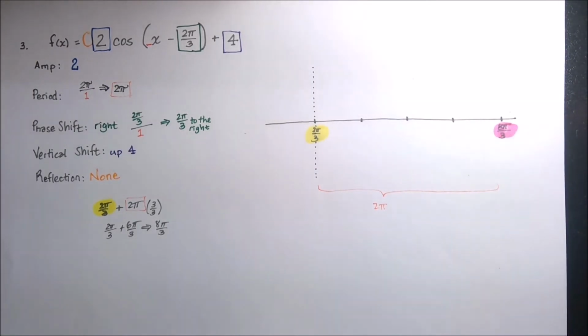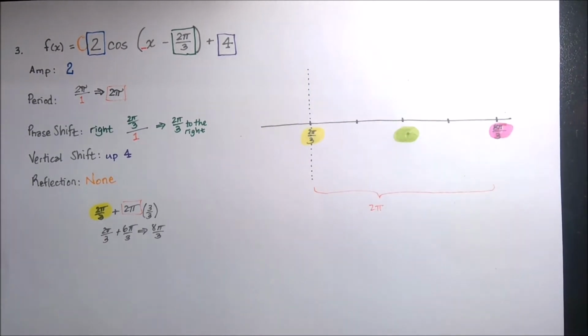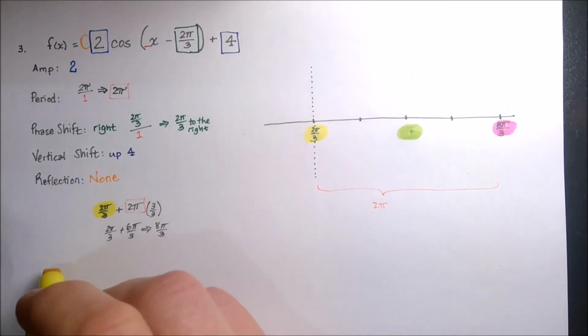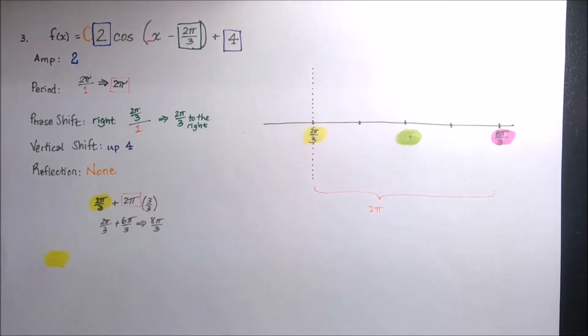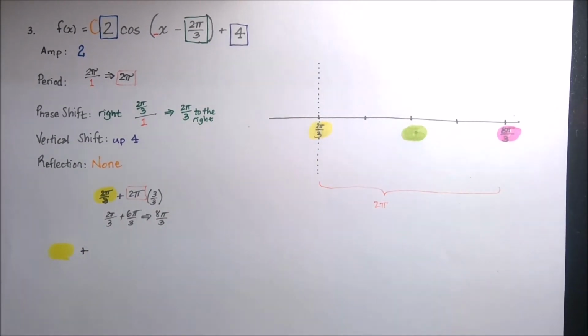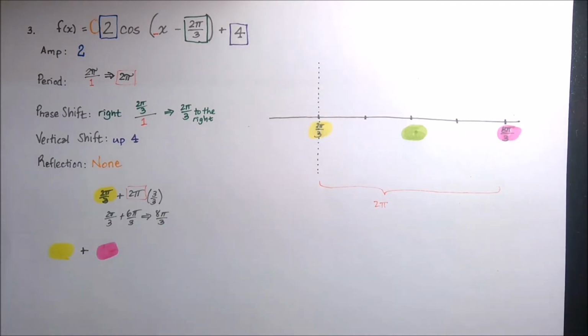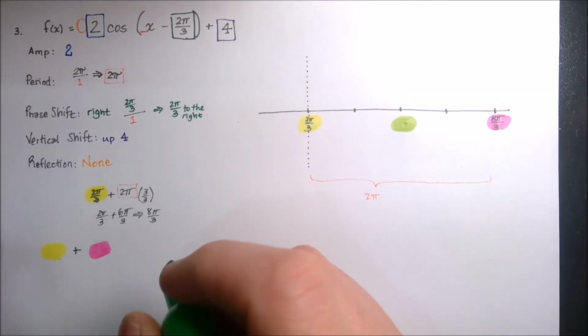And if I want to find this middle spot, I'll color that one in green. You guys all know how to find the middle. You know how to find an average. If you take the yellow, you add it to the pink, and then divide by 2, we should get the green, right? So what I'm going to do is write it out.